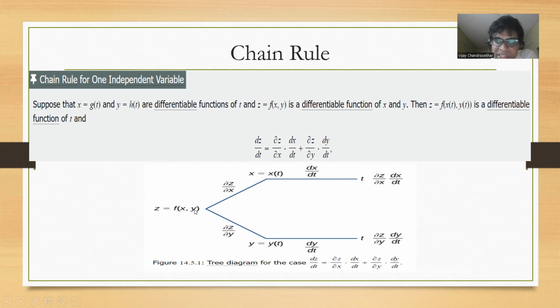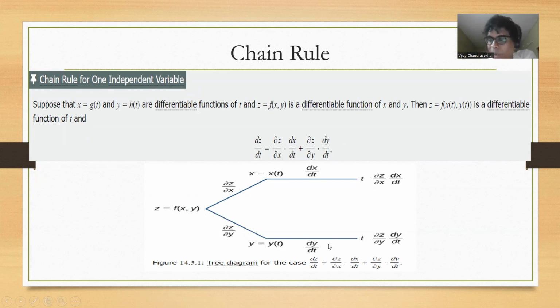Let's do the other branch. So here you pick this variable Y. So this is dou Z by dou Y. But we know now Y is a function of T, H of T, of course, right? So you calculate the derivative of Y with respect to T. And if you look at this branch alone, what are you going to get? Dou Z by dou Y multiplied by dy by dt.